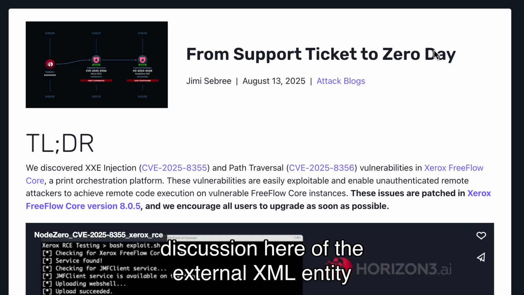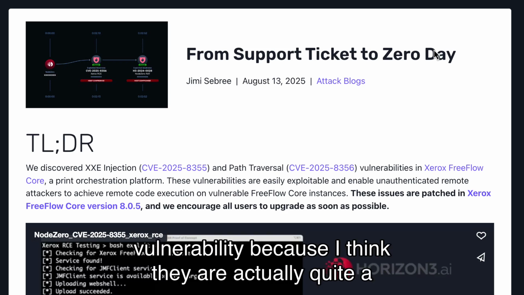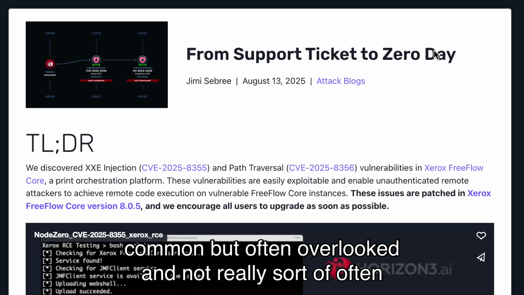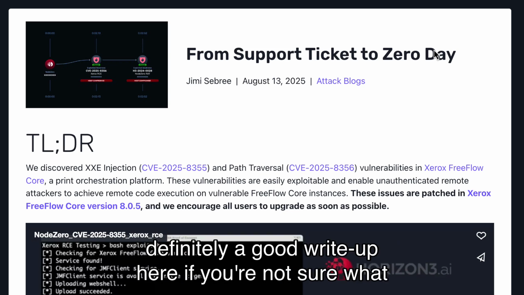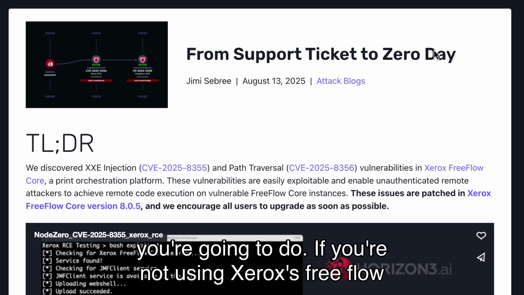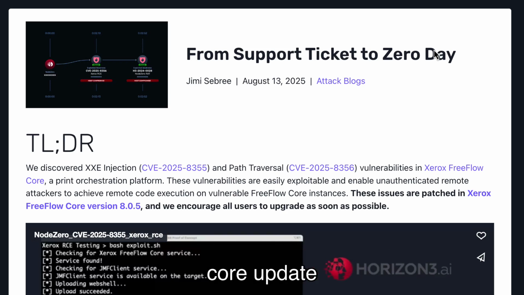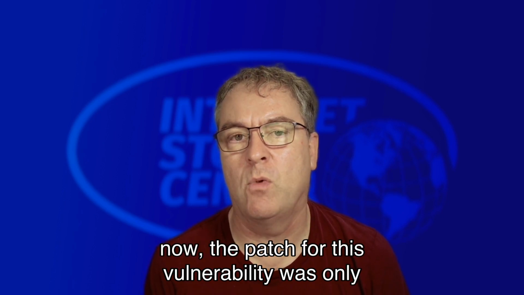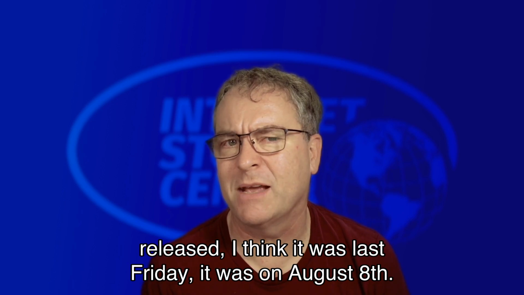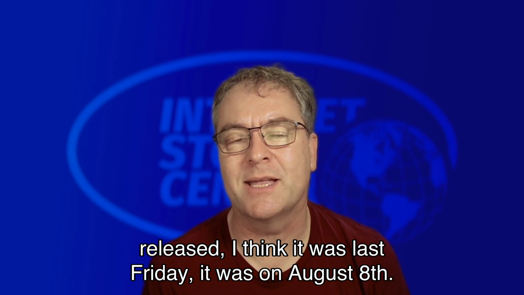I particularly like the discussion here of the XML external entity vulnerability because I think they're actually quite common, but often overlooked and often not well understood as far as what their severity goes. So definitely a good write-up. If you're not using Xerox's FreeFlow Core, fine. If you are using Xerox's FreeFlow Core, update now. The patch for this vulnerability was only released, I think, last Friday, on August 8th.